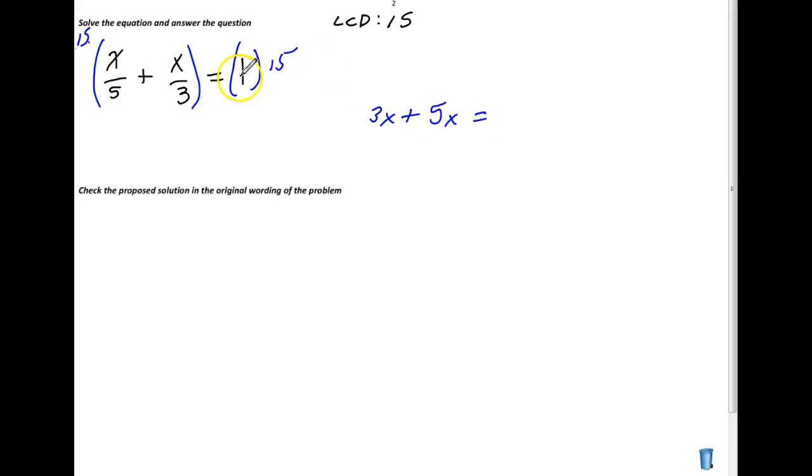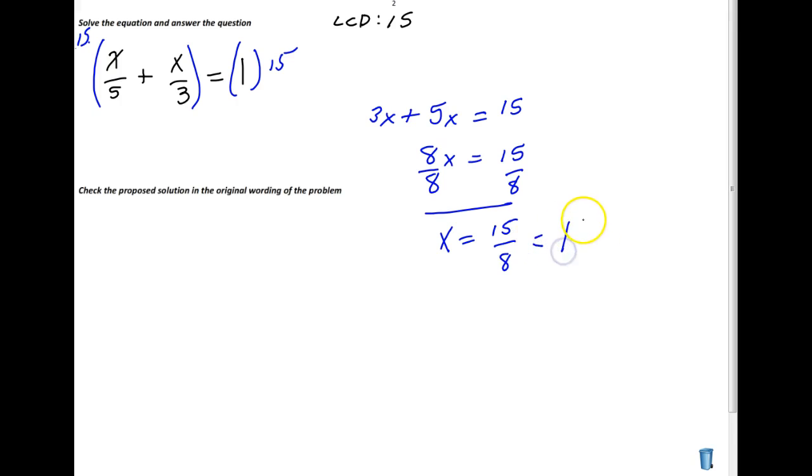And then on the other side, 15 times 1 is 15. Combine your like terms here, and we're going to solve. So x equals 15 over 8, but again in this problem, although I am fine with an improper fraction, it does make sort of more sense to say 1 7/8 hours.